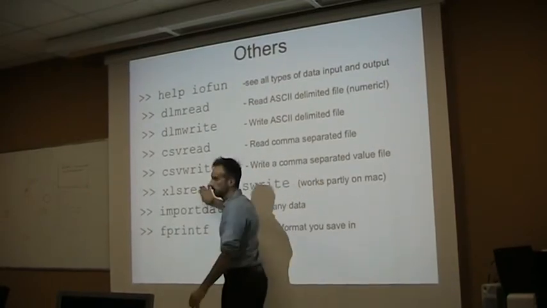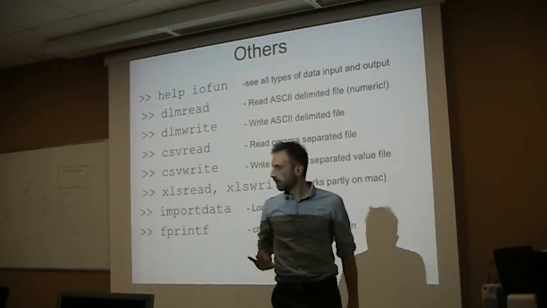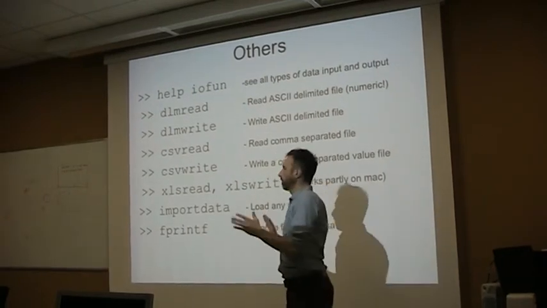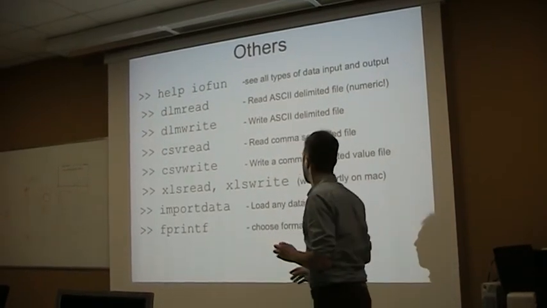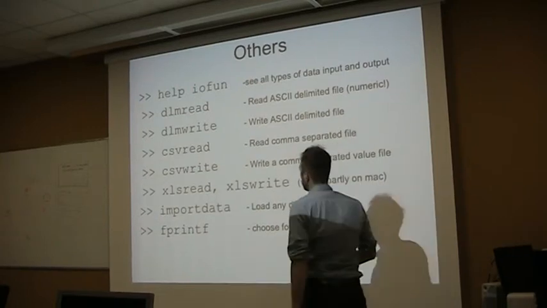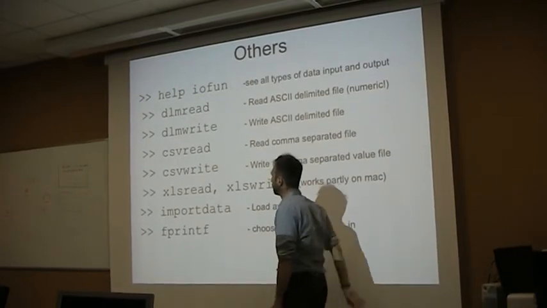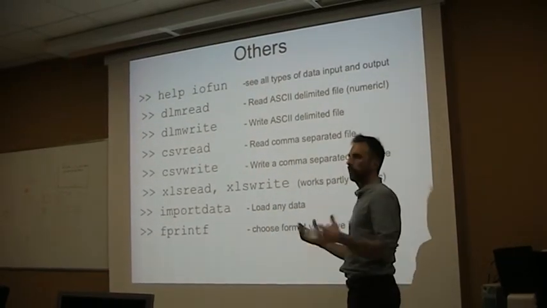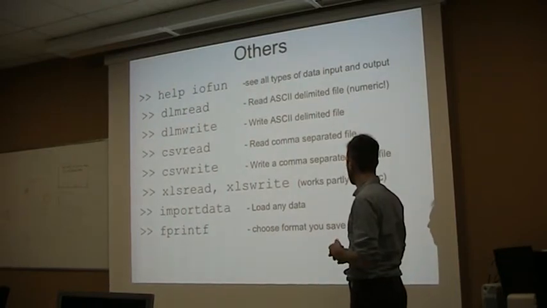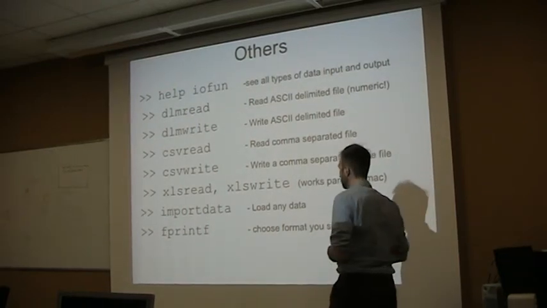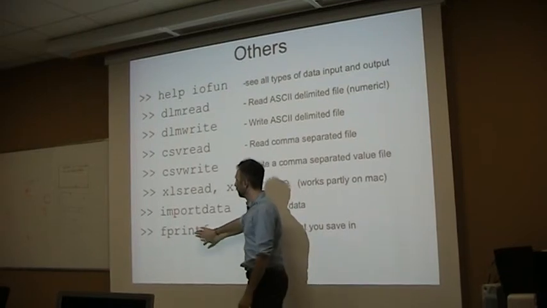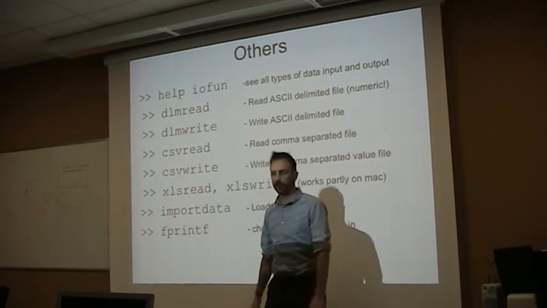There is also xlsread and xlswrite. On Mac, they work, but with problems. Very powerful is importdata, if you know how to use it, which can handle basically all types of data. And to save data, for example, as a text file, I use fprintf.